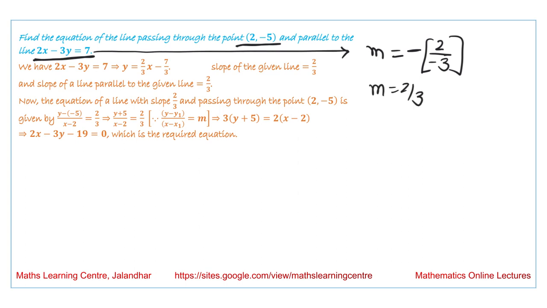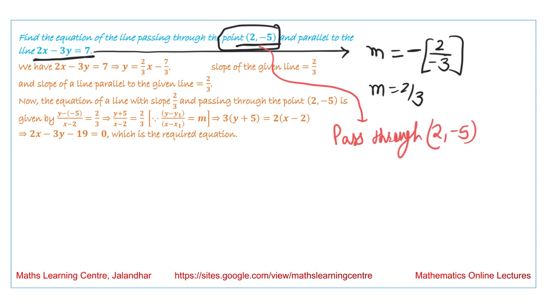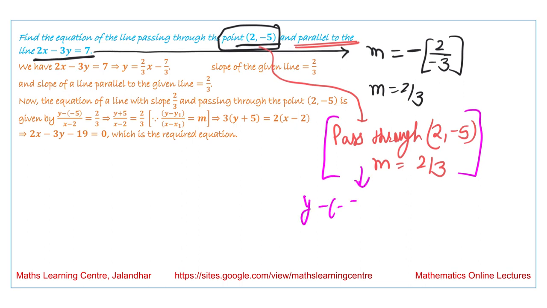We are talking about a line which passes through the point 2, minus 5, and parallel to this line means the slope of this line should be 2 by 3. So the equation of the line which passes through this point with slope 2 by 3 is y minus minus 5 divided by x minus 2, that is equal to 2 by 3.